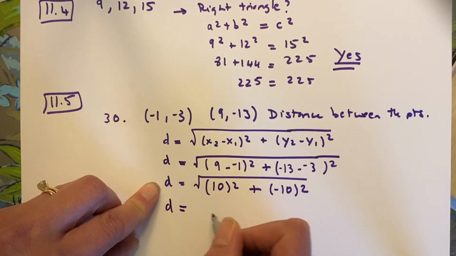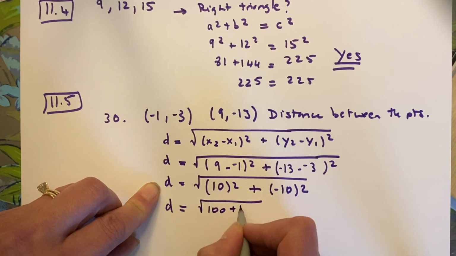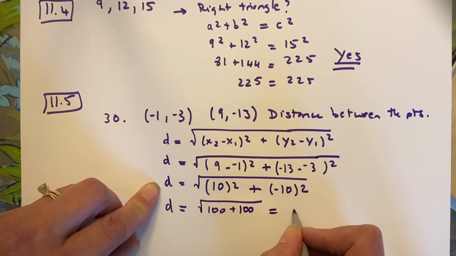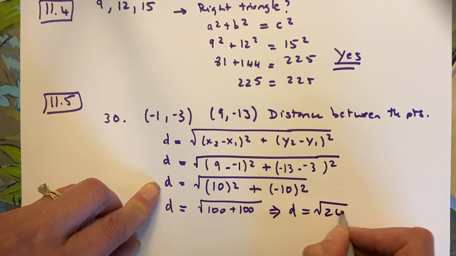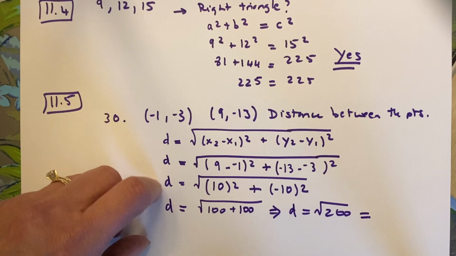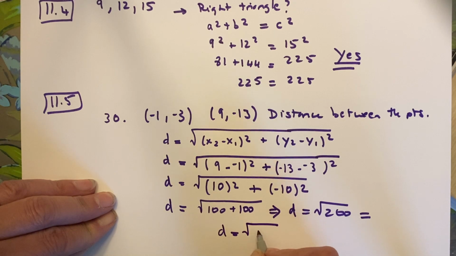So I'm going to end up with the distance, which is the square root of 100 plus 100, or d equals the square root of 200. And if I break that down, I know that d equals the square root of 2 times the square root of 100, right?